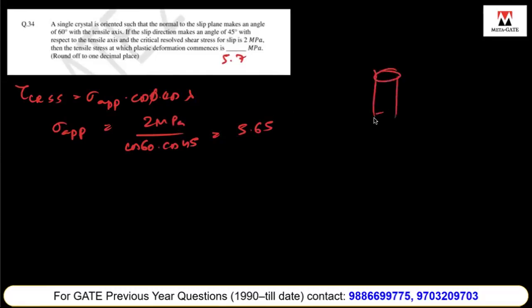So if this is where you apply stresses, this is the angle at which the normal direction of the slip plane makes an angle lambda with the tensile axis. And this is the direction along which the slip is occurring.